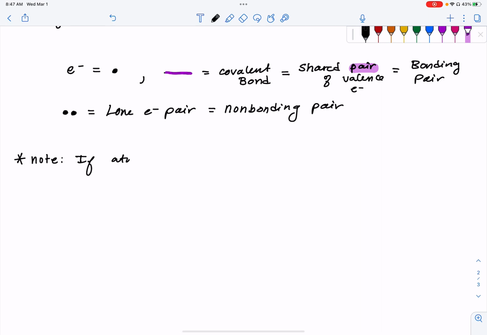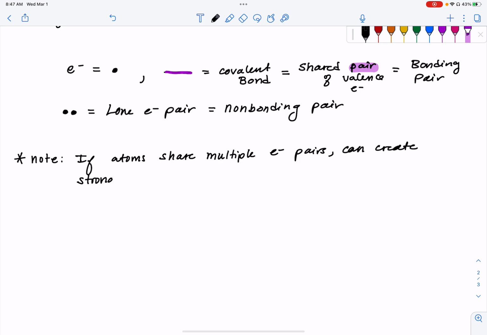So if atoms share multiple electron pairs, then they can create stronger and also shorter bonds. So let's look at how we might draw that.